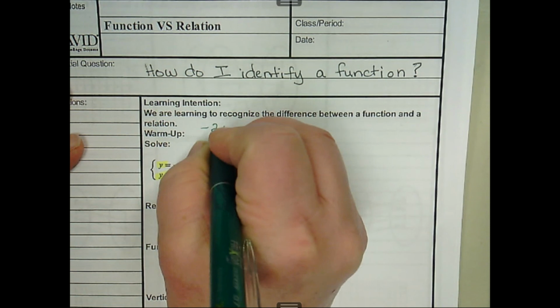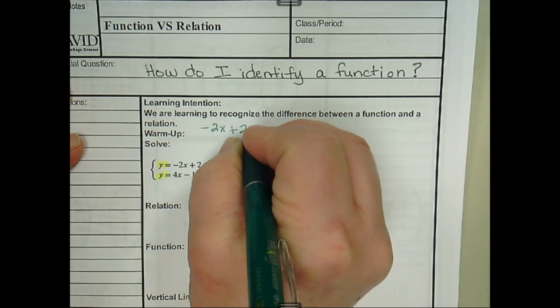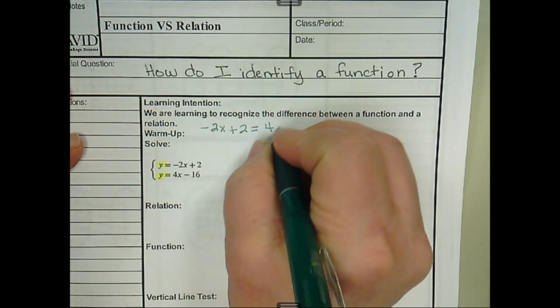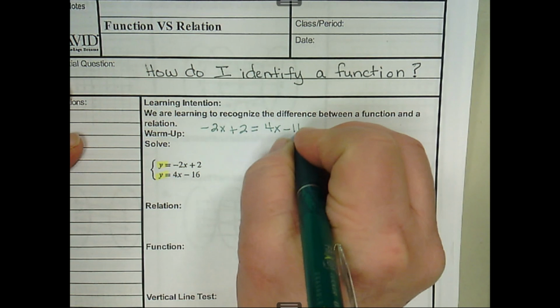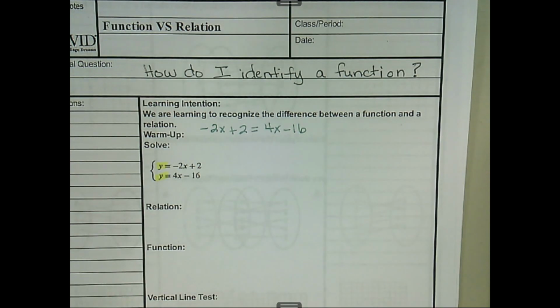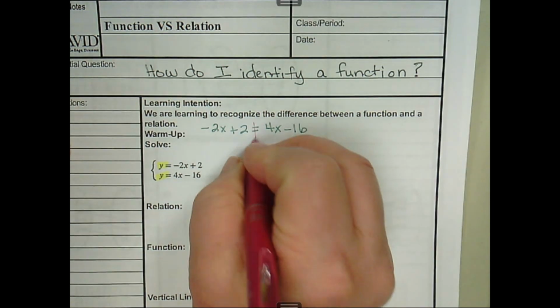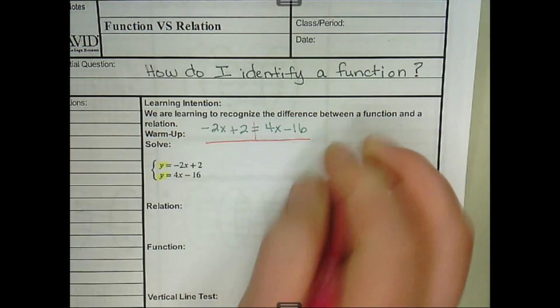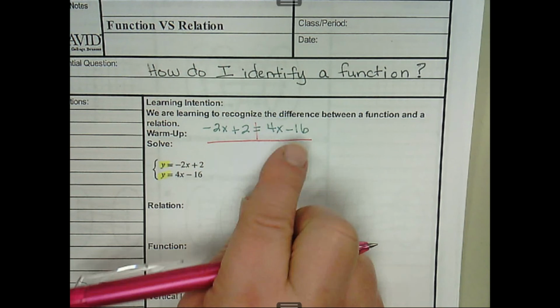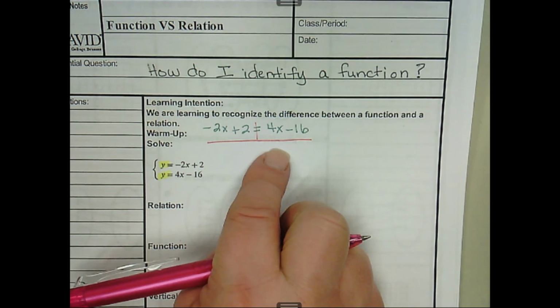Negative 2x plus 2 is equal to 4x minus 16. They are equal to each other. Now we solve for x. Which one's smaller, negative 2x or positive 4x?